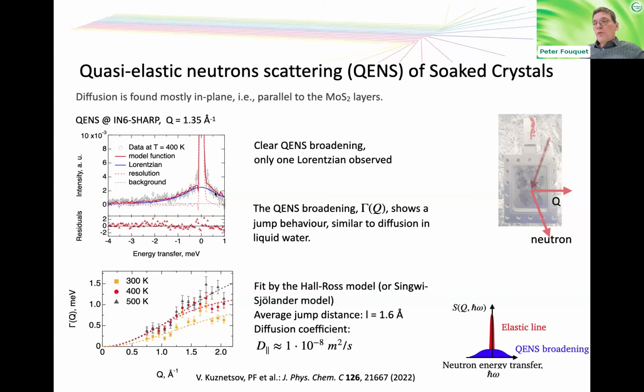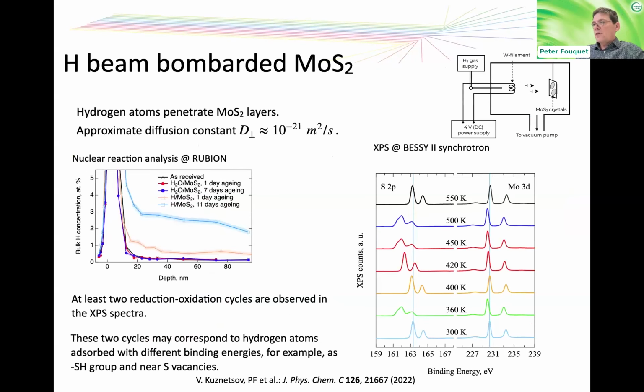And we saw such a broadening, so we saw some motion. And the analysis showed that this pretty much can be modeled by the diffusion of liquid water. So it's just the physics of water in cracks that we see.